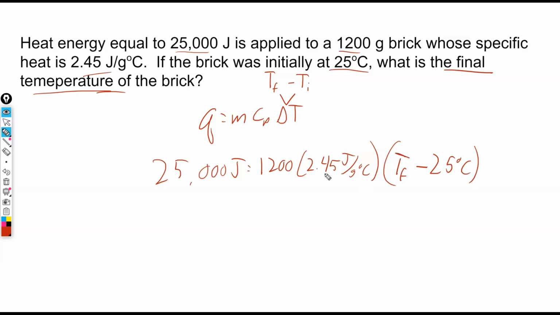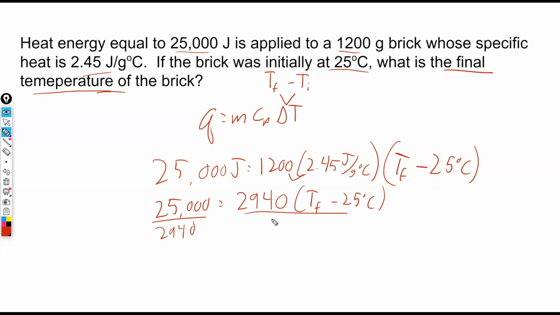There are lots of ways you could do this. One way is to take 25,000 and multiply these two numbers together. You should get 2,940 times T final minus 25 degrees Celsius. And you could do two things here. You could distribute it through, or you could just divide 2,940 over, which is what I'm going to do.